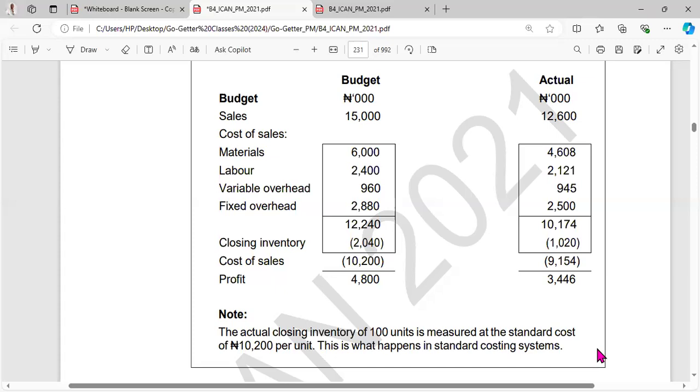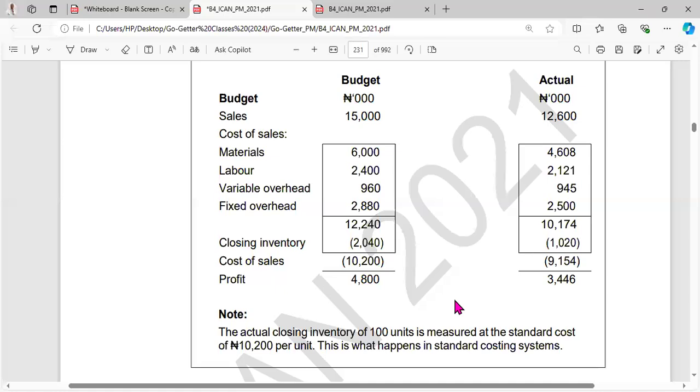Of course, you can use actual cost to measure our closing stock, but because we are in a standard costing system, that is what we use. Otherwise, your variance analysis will not balance. So this is one of the places where I want you to pay close attention.